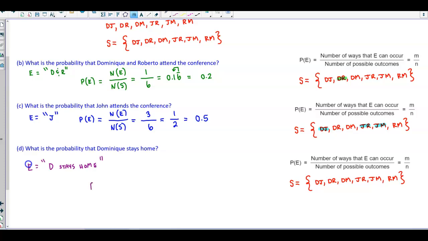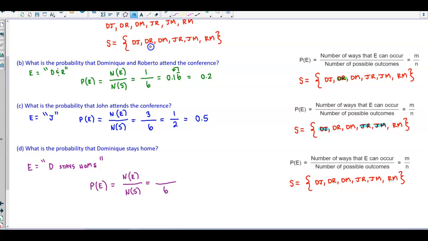So we want to find the probability of event E, meaning Dominique stays home, which is the number of ways that Dominique stays home divided by the number in the sample space. We know the number in the sample space is 6.